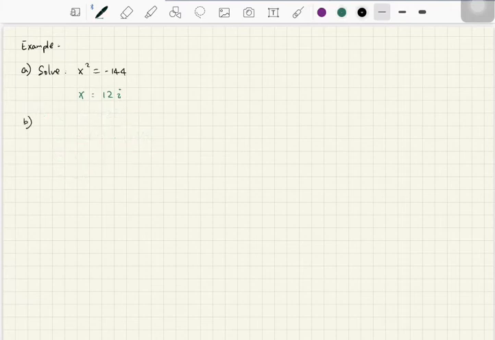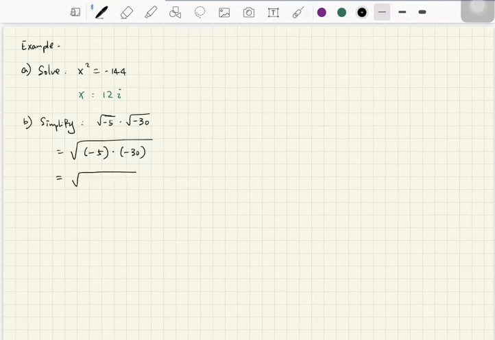So the second example I want to find is, I want to simplify square root of negative 5 times square root of negative 30. I will follow the radical way to multiply them, which is square root of negative 5 times negative 30, and I will end up with positive 150.